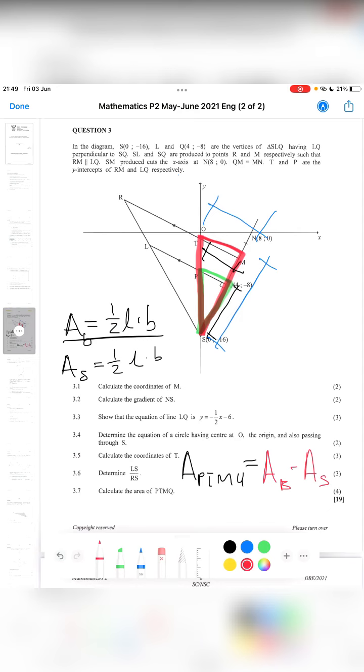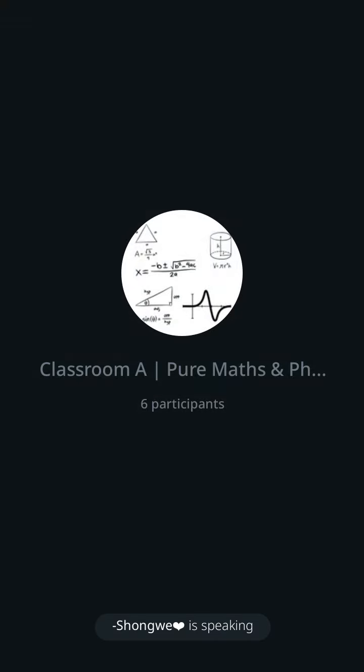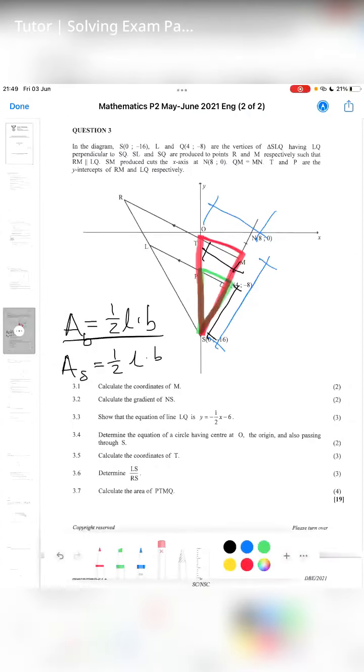Yeah. Because do you remember on the previous question 3.6 we did find the length of PS and TS, so we'll just have to find the two lengths only. What do we have?